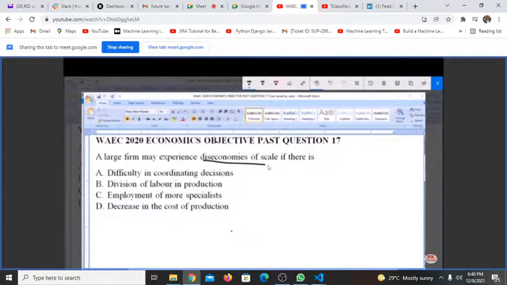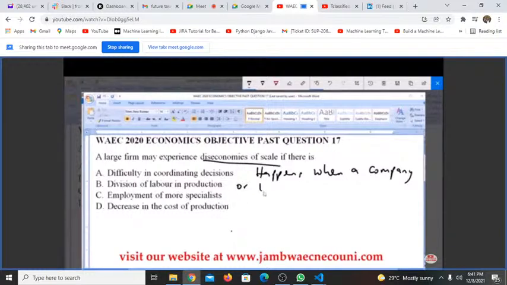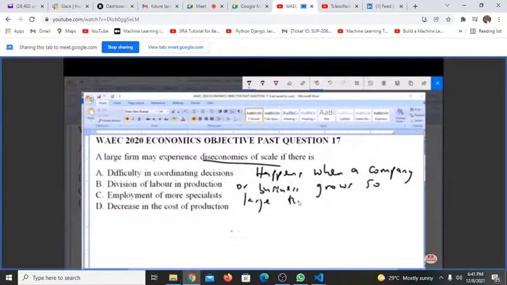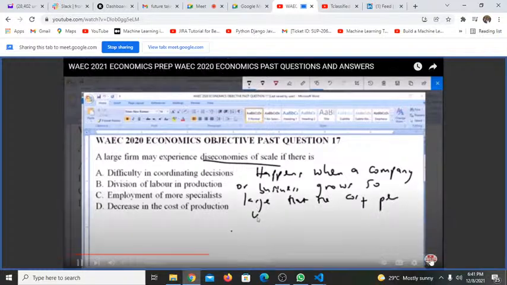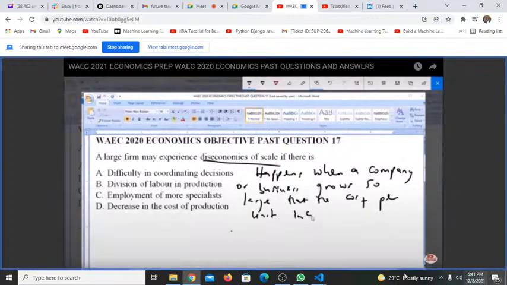Now, the concept of diseconomies of scale. Diseconomies of scale happens when a company or business grows so large that the cost per unit increases.